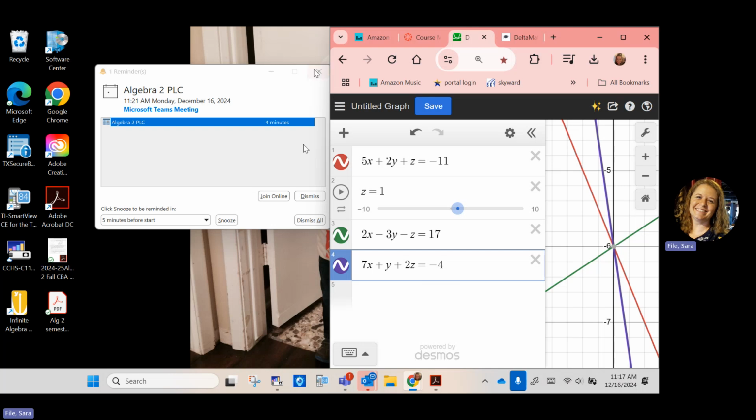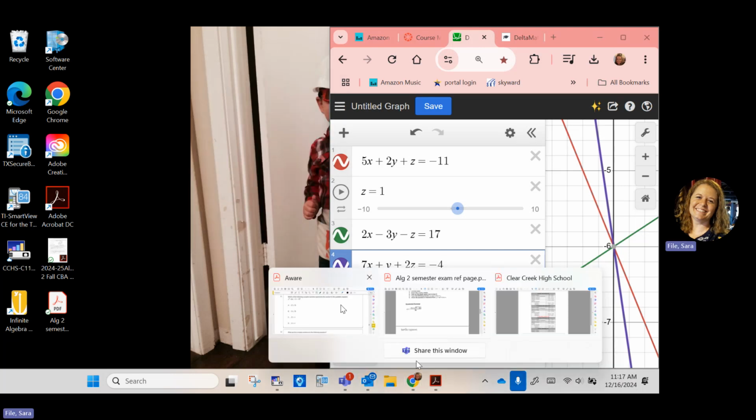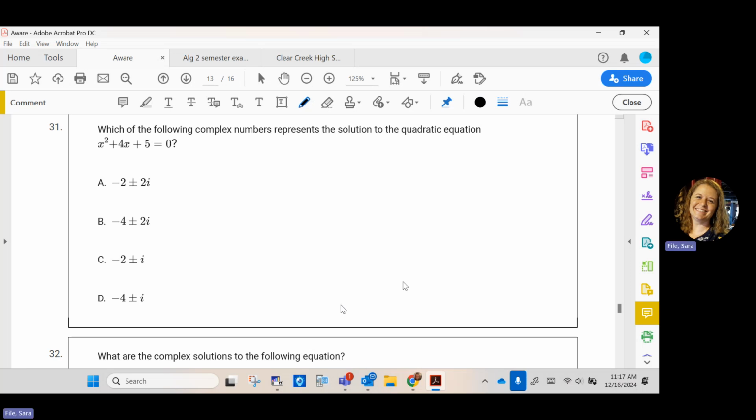You might want to add that to your reference sheet if you don't know it. Okay, because remember, a is an understood 1 because there's nothing in front of the x squared. B is that positive 4 here. And C is the 5, the constant here.